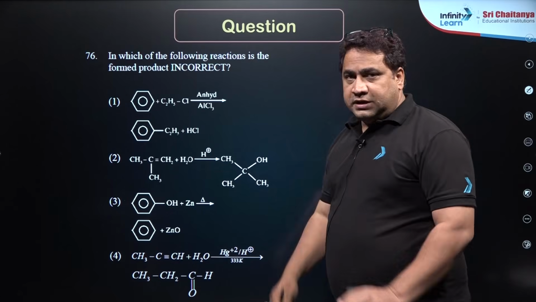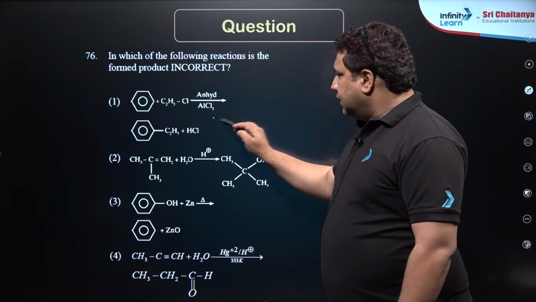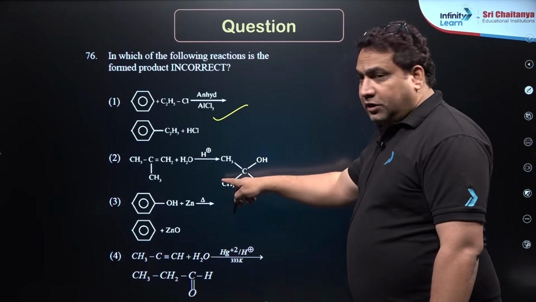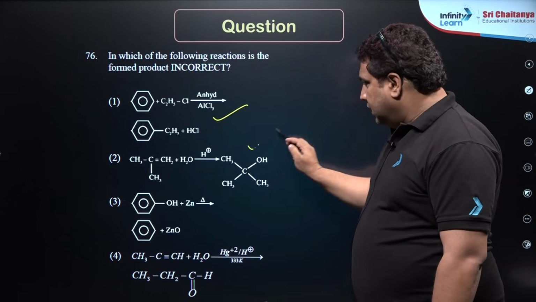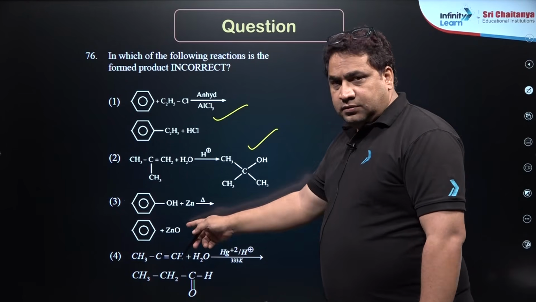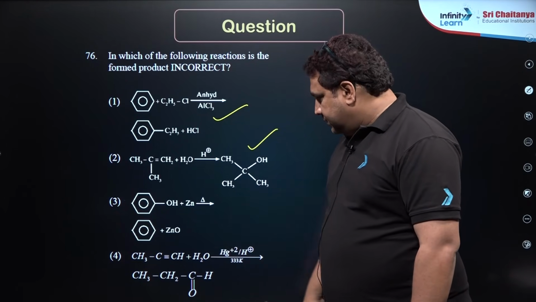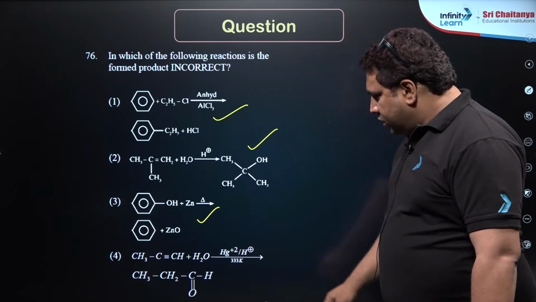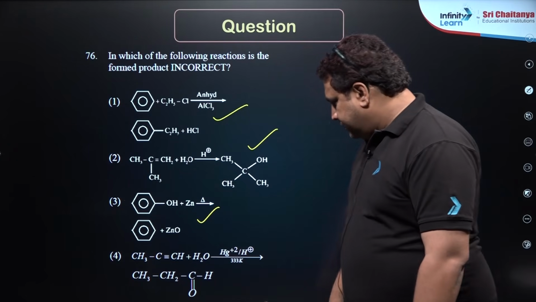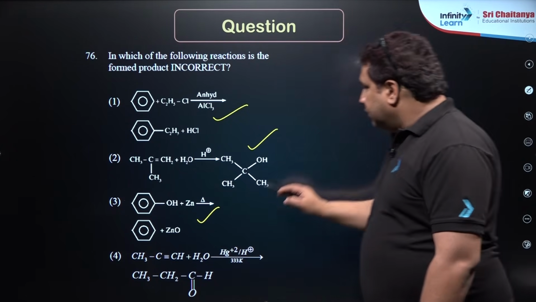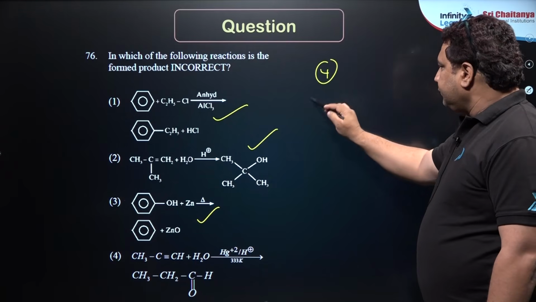So, ethyl benzene, correct. Addition of water, Markovnikov rule, correct. Phenol with zinc forms benzene, correct. Here you can see option 4th, if you see.